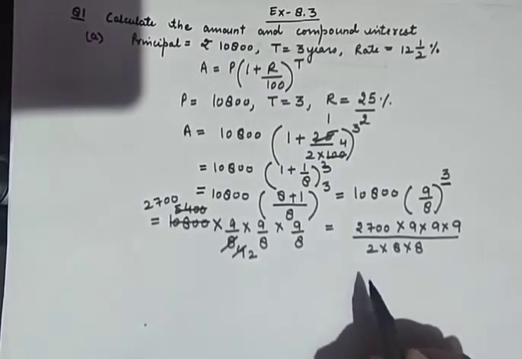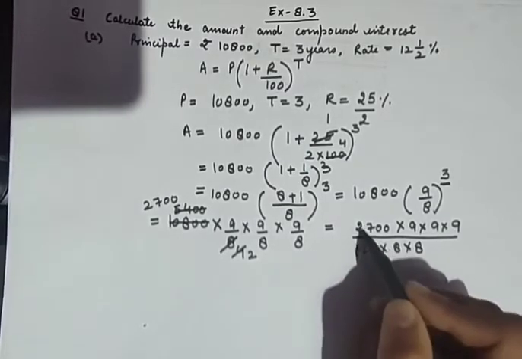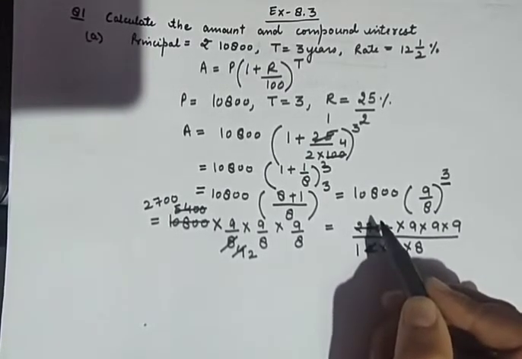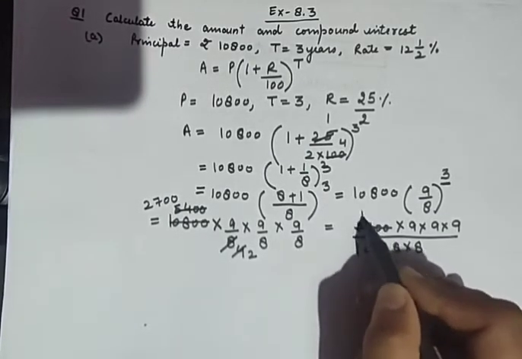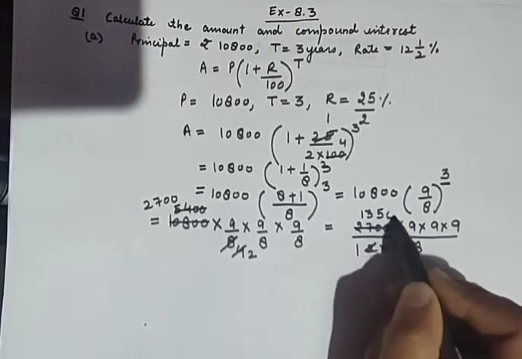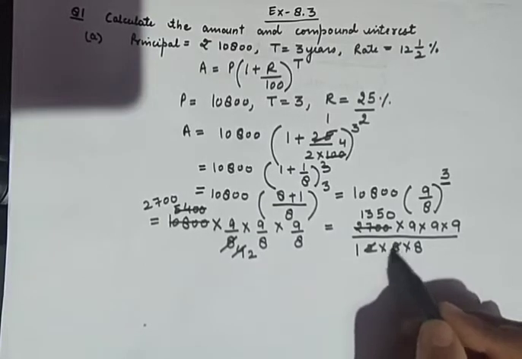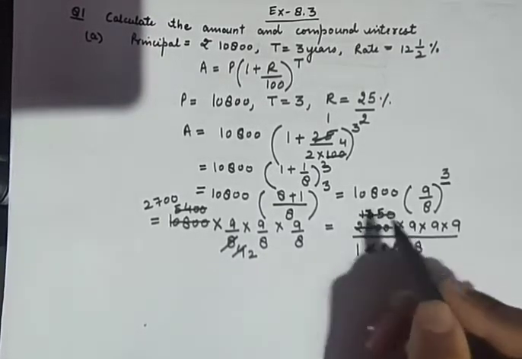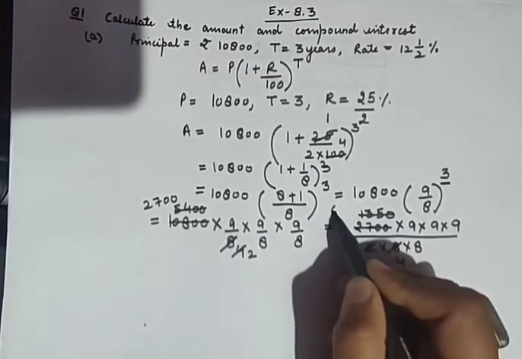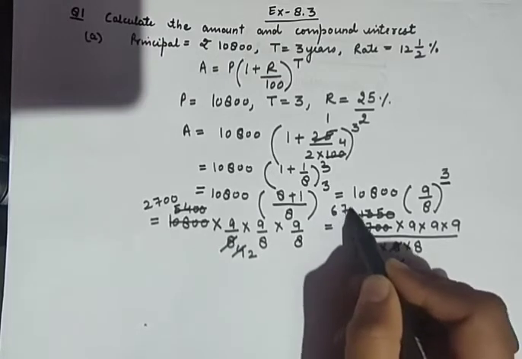Now after this I will again cancel it. 2 ones are 2. It will be 1350. After this I will again cancel it. 2 fours are 8, so it will be 675.